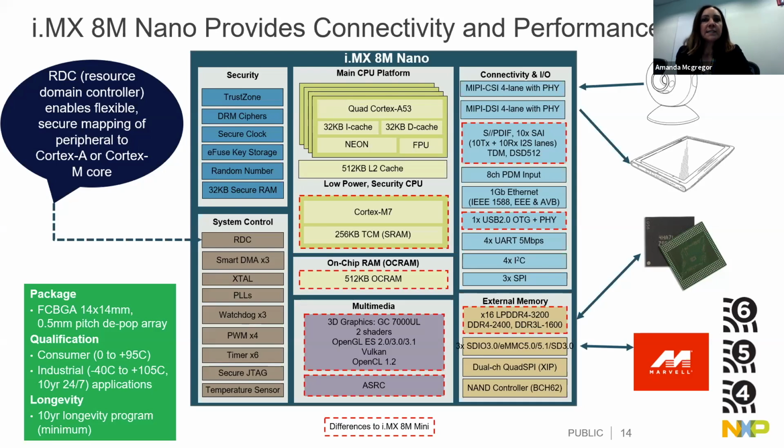There's a fairly sizable on-chip RAM with 512 kilobytes. It's largely used at boot time for memory initialization, for loading ARM trusted firmware, and all the boot level management. And then it can be used as a general scratchpad area once the operating system is up.